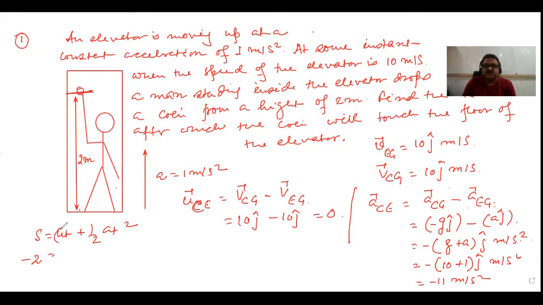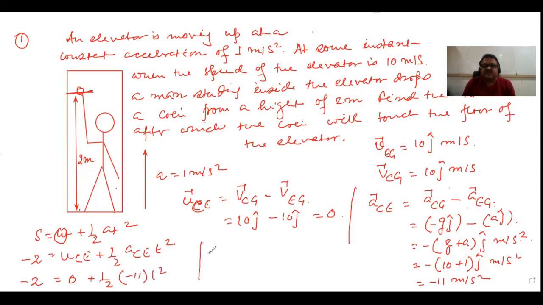U means in this case what? U of the coin with respect to the elevator plus half. What is a? a is the acceleration of the coin with respect to the elevator and this. So this is minus 2. This is 0. This is half. This is minus 11 t square.